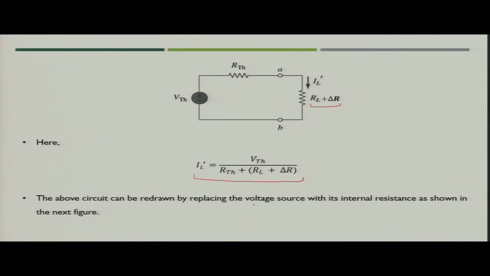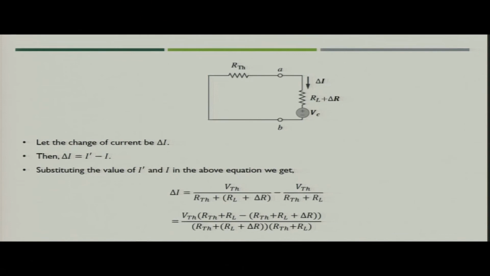Now, we apply the compensation theorem, and we replace the voltage source with its internal resistance and put another voltage source, that is V c. So, as per the compensation theorem our circuit would be like this, where we are short circuiting the voltage source which is there in the network.